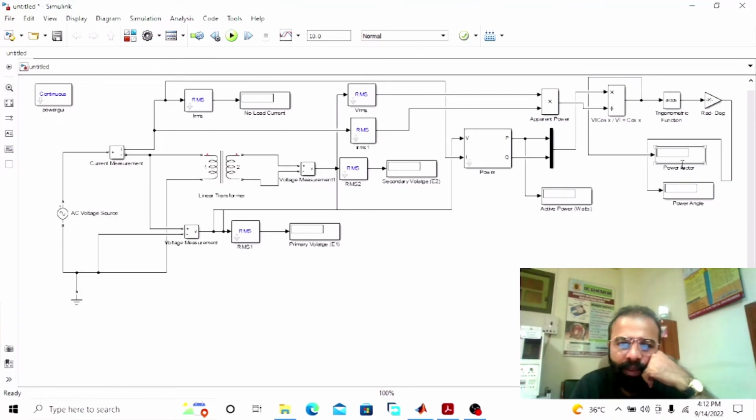This will give us the power factor. Also, another definition of the power factor is that it is the ratio of the active power to the apparent power.